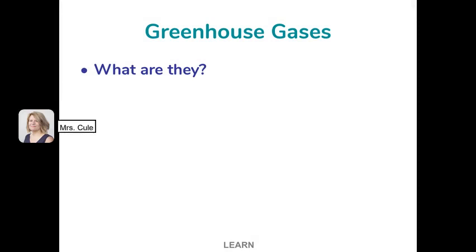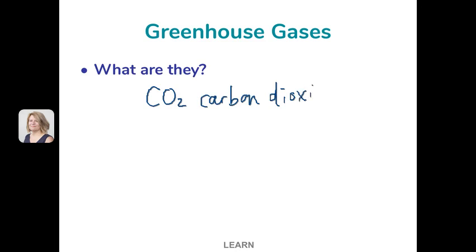You may have heard the term greenhouse gases before. In this model, we have been using carbon dioxide, which is CO2. But there are other common greenhouse gases that act the same way as carbon dioxide does.